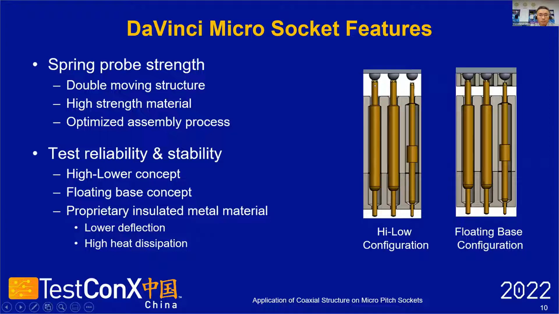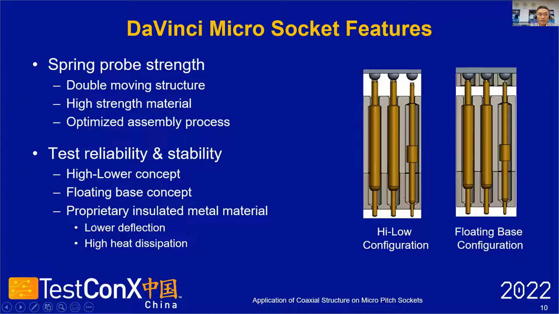It means the package will touch the stronger pin first, which ensures less impact to the signal pin. Another idea is using the floating base concept. The package will touch the floating base first, reducing the impact force applied to all the pins and protecting all the pins.